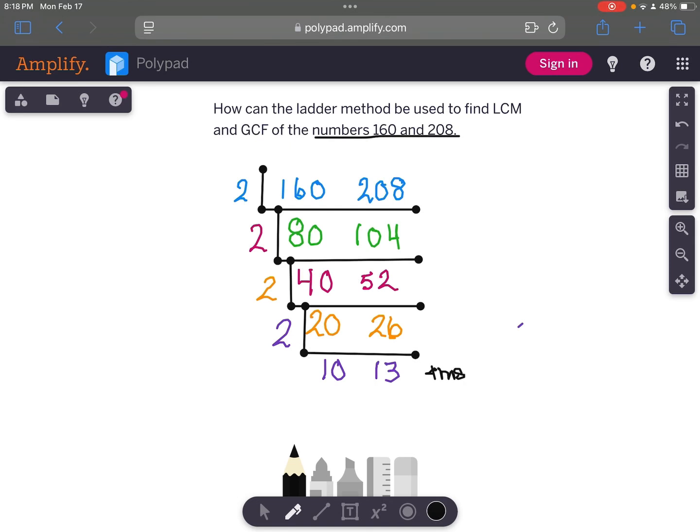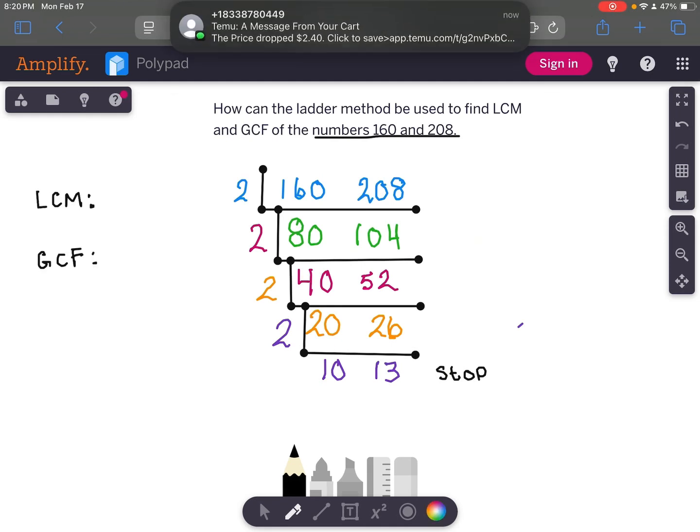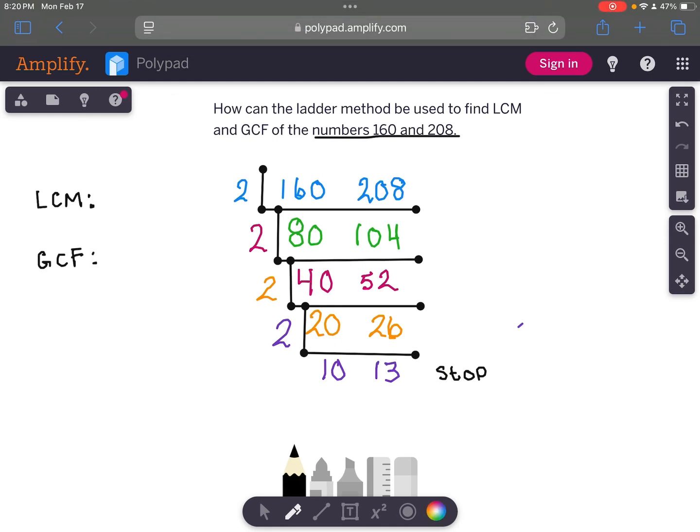Because we no longer can divide these numbers any longer. So we have got to the point where we have our least common multiple and our greatest common factor.